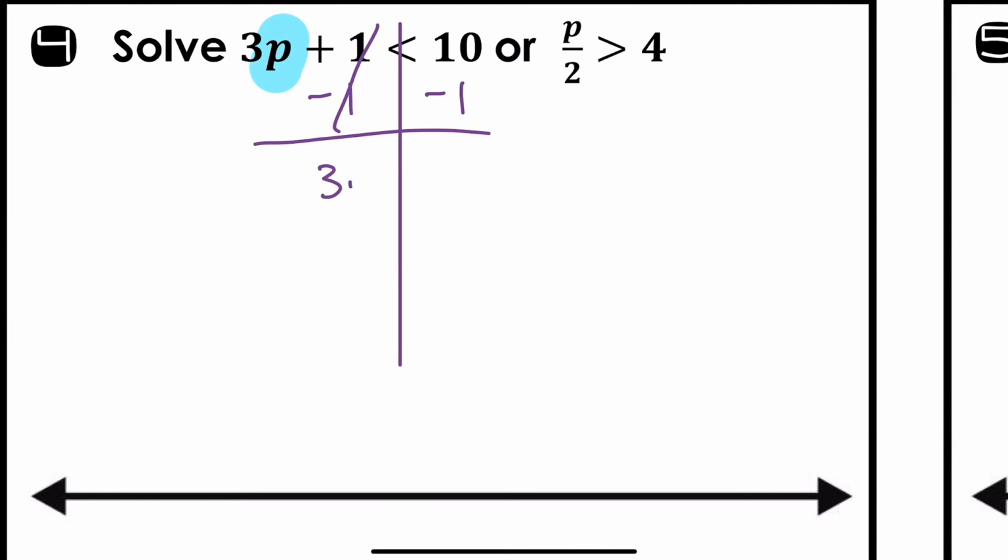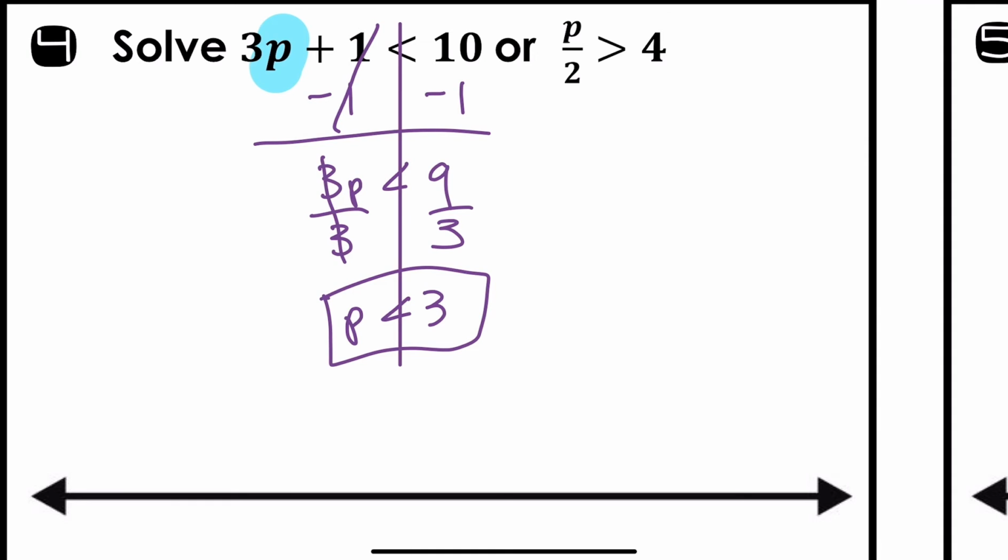So we're left with 3p is less than 10 minus 1 is going to be 9. All right, still want p by itself. It's being multiplied by 3, so I'm going to do the opposite and divide by 3 to get rid of it. Okay, so we got p is less than 9 divided by 3. Well, that's just 3. And that's our first answer.